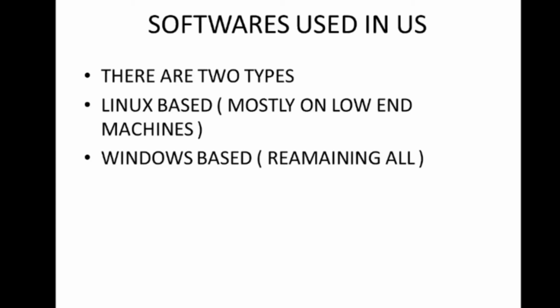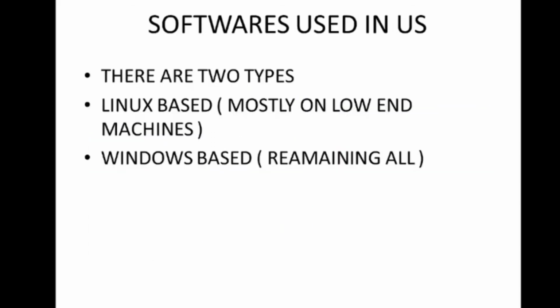What else can we say about Windows based? If there is going to be an installation, or any issues, you can easily retrieve the image in Windows based, but in Linux based it is quite difficult. So these are the software used in ultrasound.